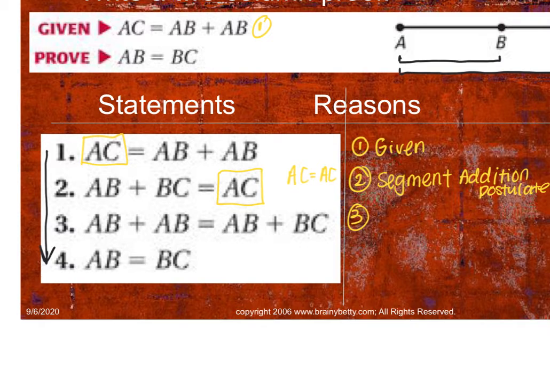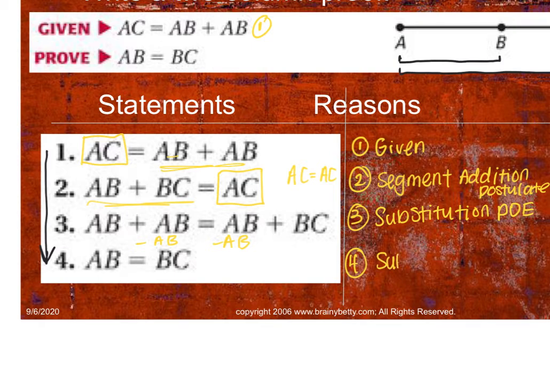So then they just set this portion equal to this portion, and that's called the substitution property of equality. And then in step 4, all they did was they subtracted AB from both sides to get AB equals BC, and that was the subtraction property of equality.